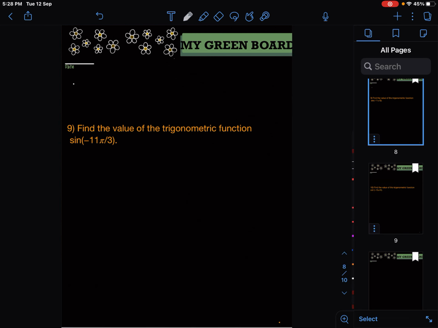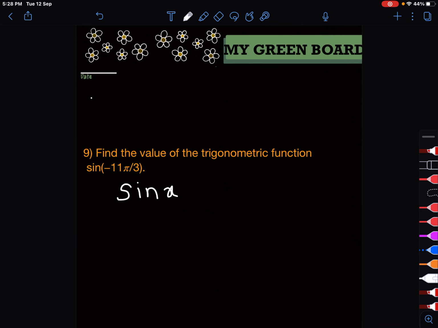What is the identity? Sine of x will be equal to sine of n into 2 pi plus x.